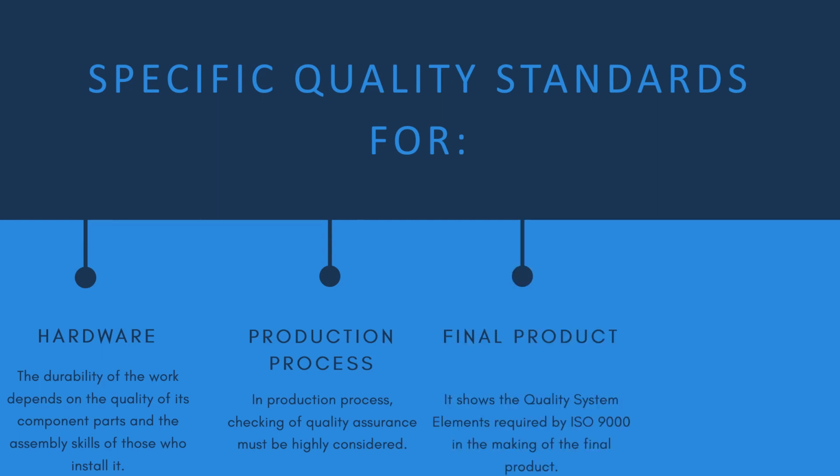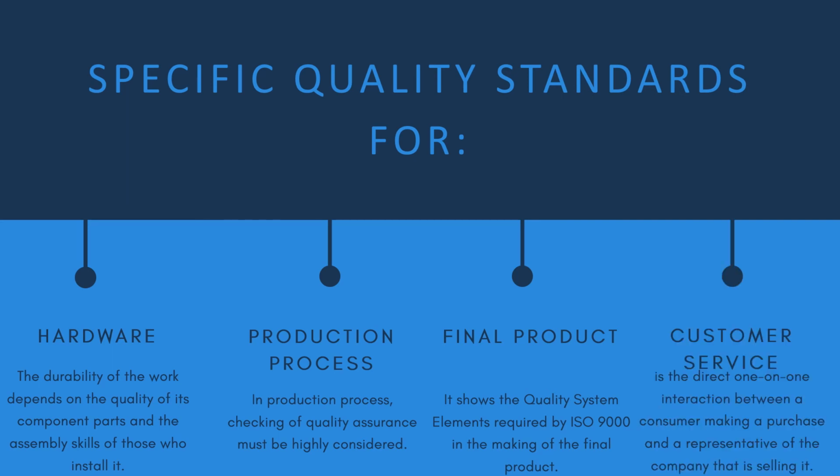The third one is the final product, wherein it shows the quality system elements that are required by ISO 9000 in the making of the final product. And then the last one is the customer service, wherein it is the direct one-on-one interaction between a consumer making a purchase and a representative of the company that is selling it.